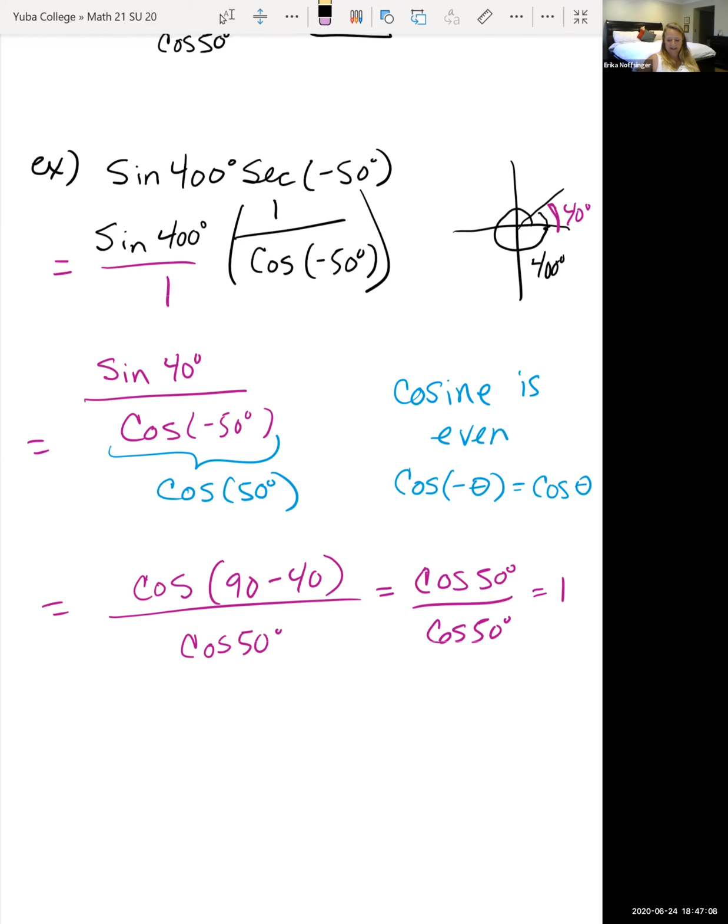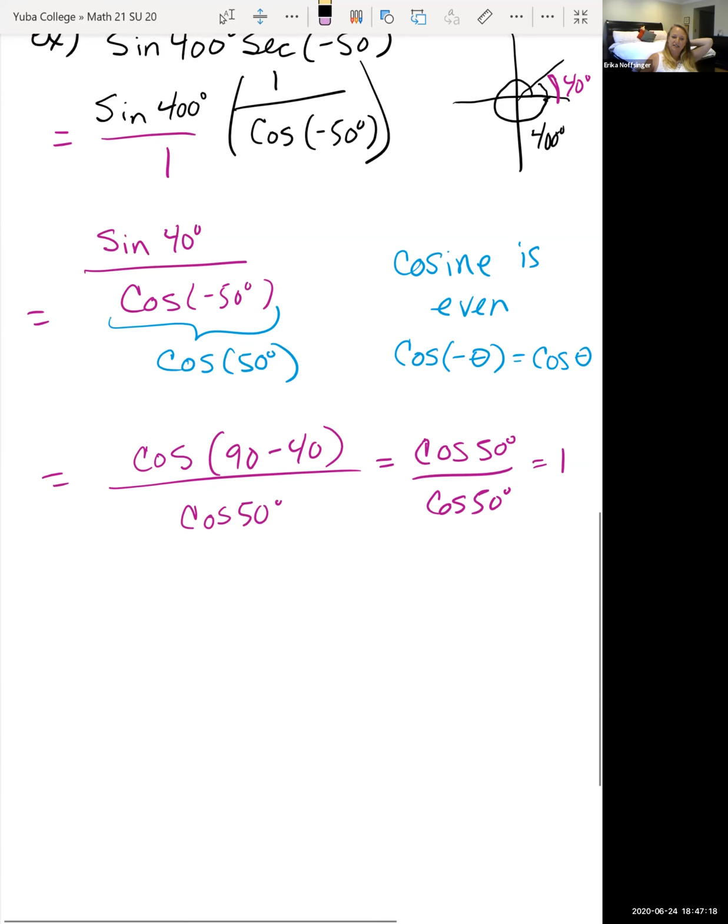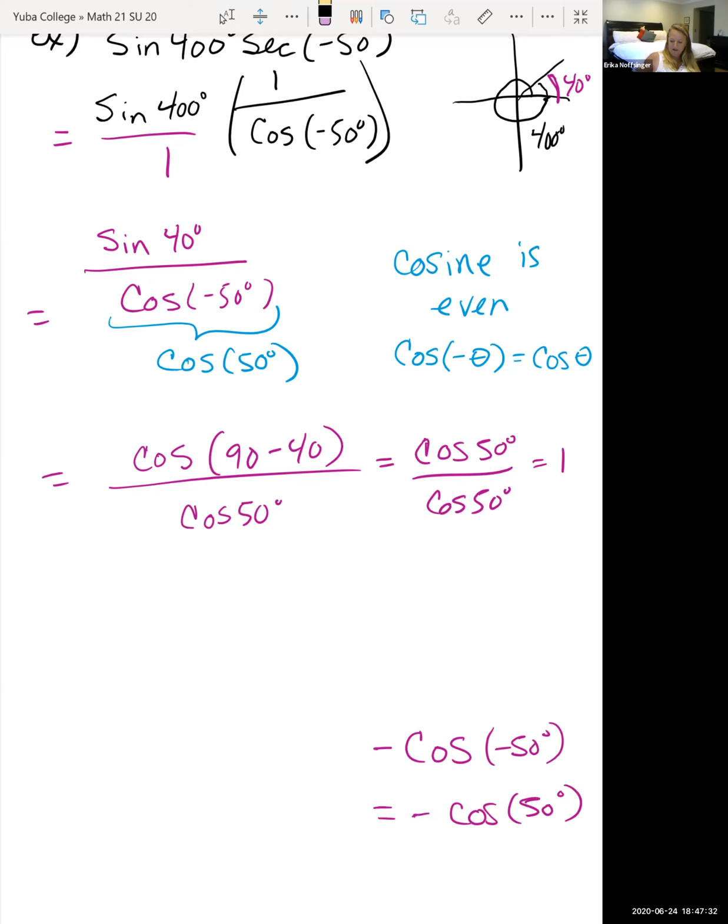The negative is just reflecting it across the x-axis, and it would still give us the same value. So if this had been negative cosine of negative 50 degrees, this would be the same thing as negative cosine of 50 degrees.